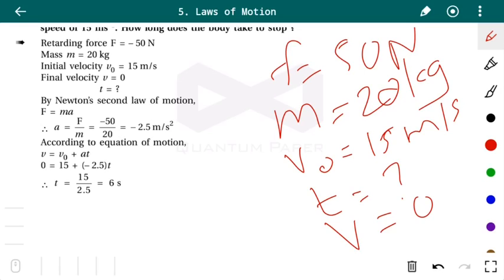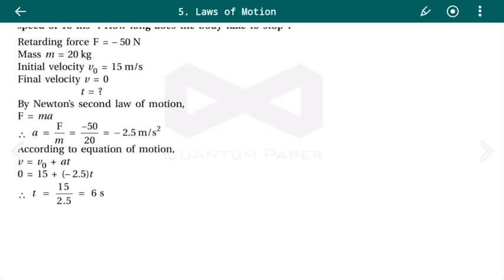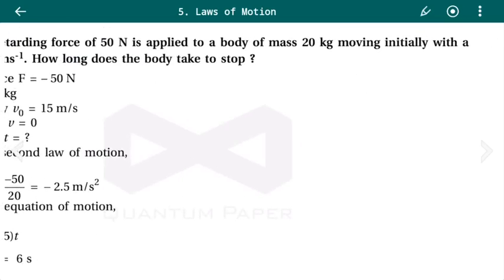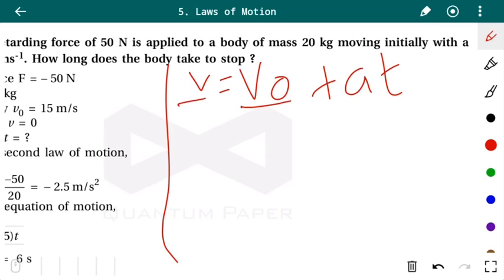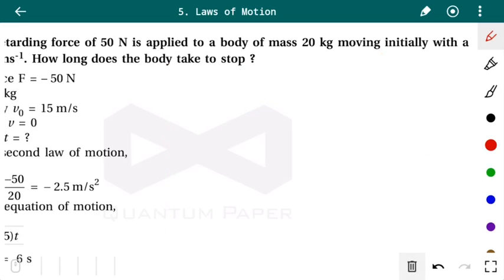We can use this kinematic equation, V equals to V0 plus AT to find the time. Here we are having value of V, V0, T we need to find, but we need to find the acceleration. So from the force and mass we can find the acceleration value.